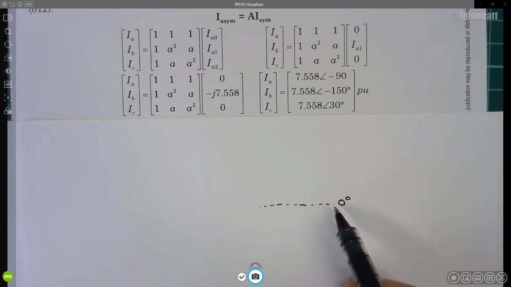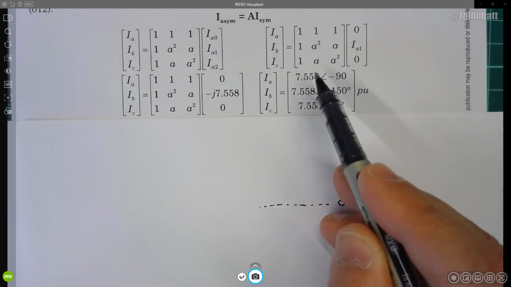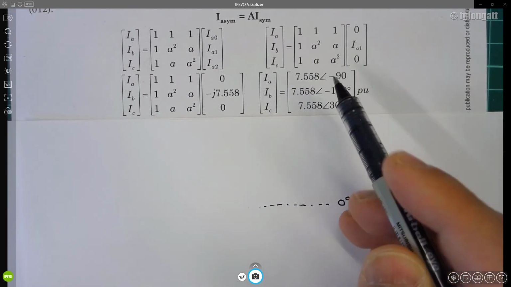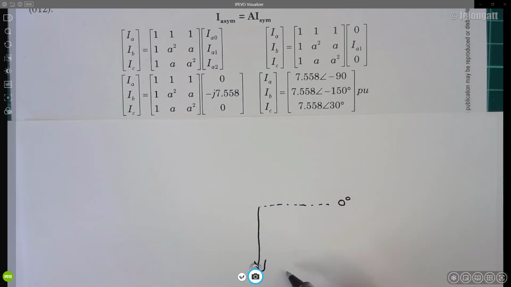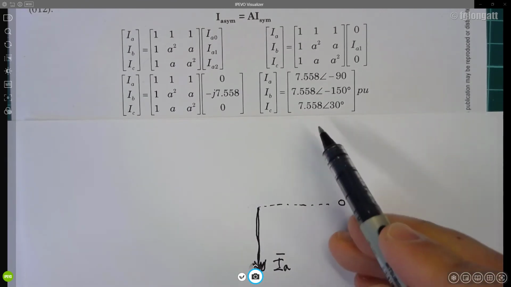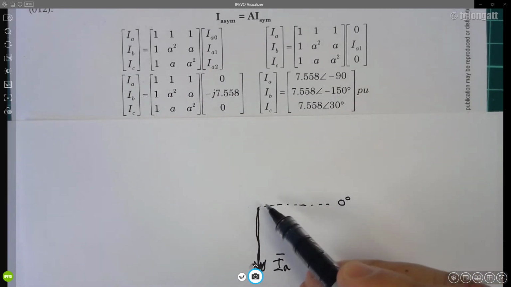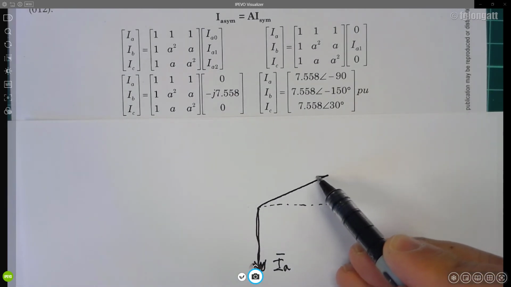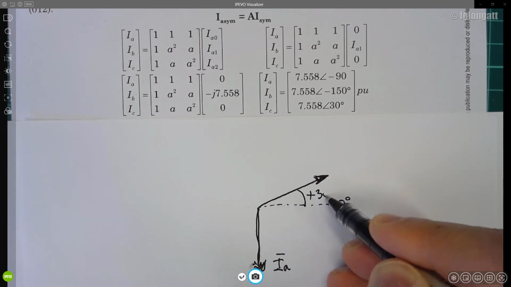And if we create the phasor diagram, you will realize that the current for phase A will be here, and we will say this is A. And then we have the current C here, that is plus 30.